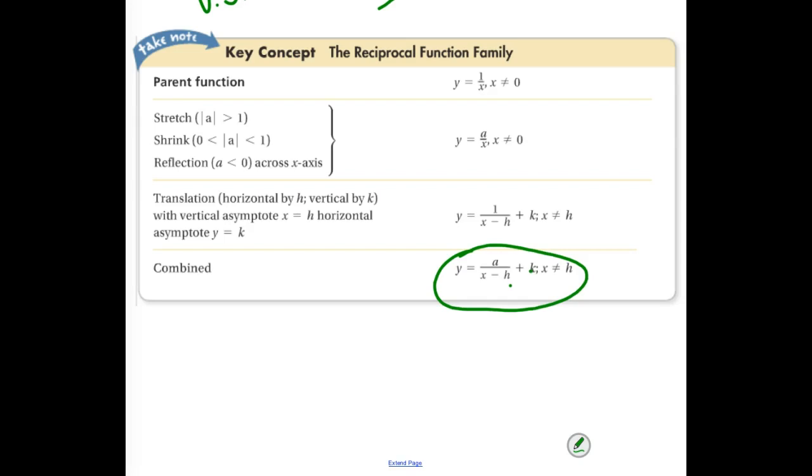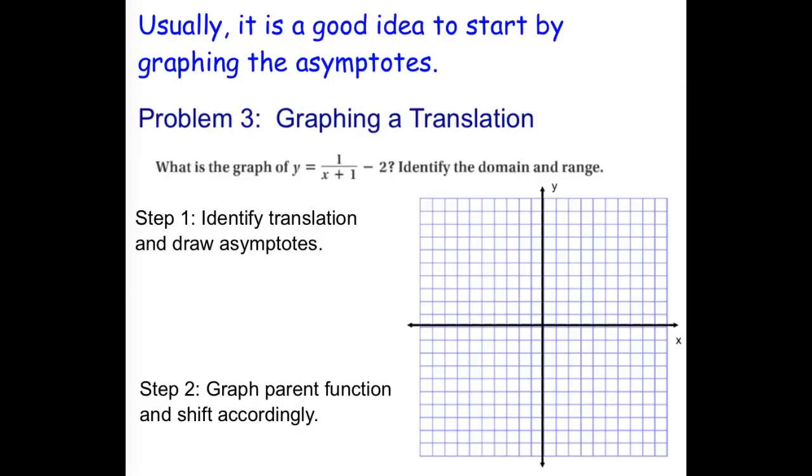K is your up and down move. Notice that our restriction is that x cannot equal h. Again, putting an h value in there will cause a 0 for the denominator. We also said earlier that any kind of left, right, or up-down translation will cause the asymptotes to move. So it's important to figure out where those are going to move to.